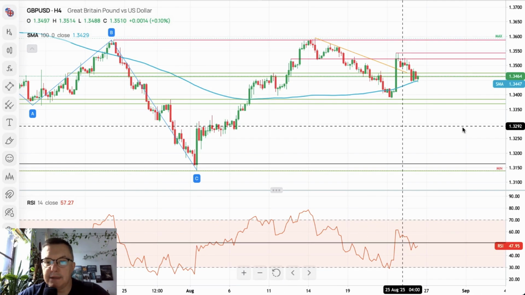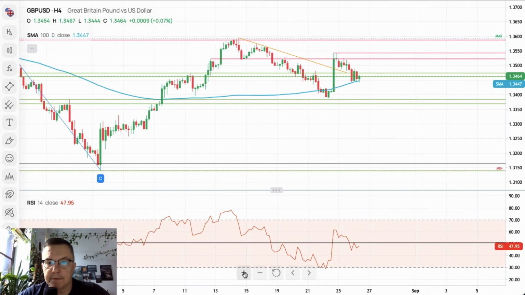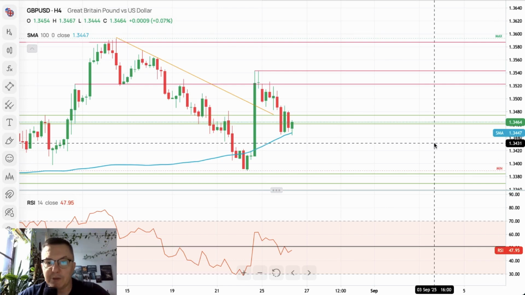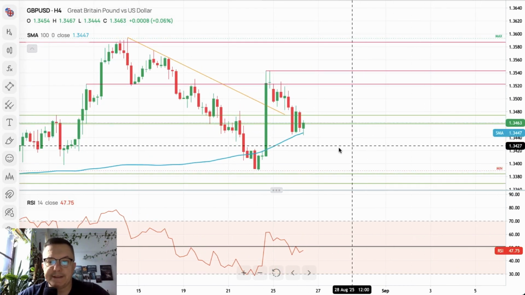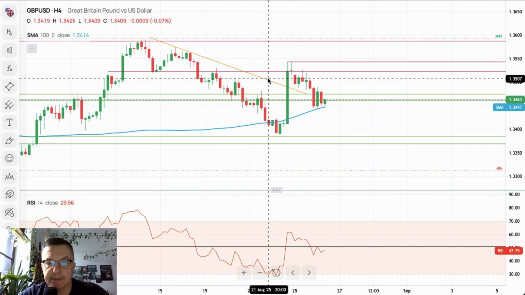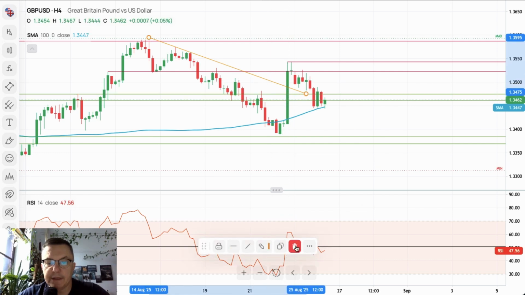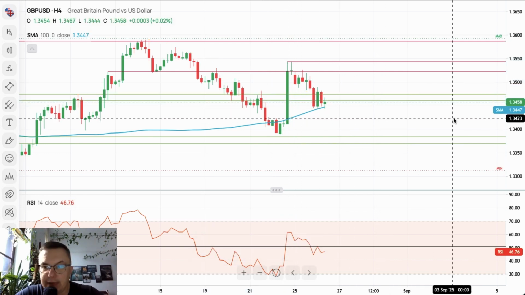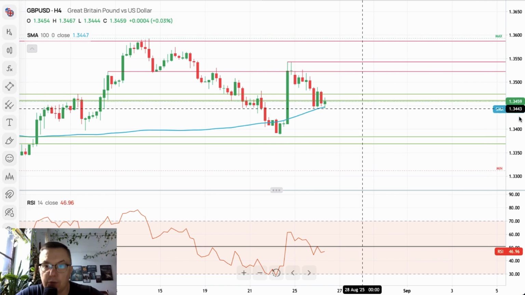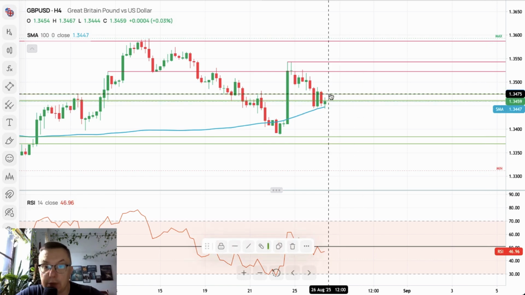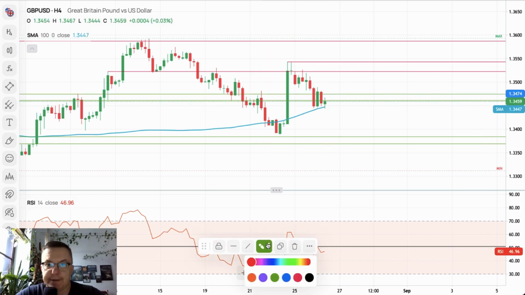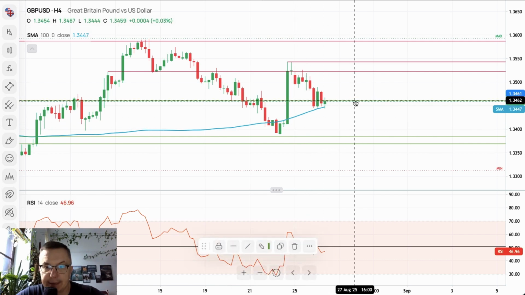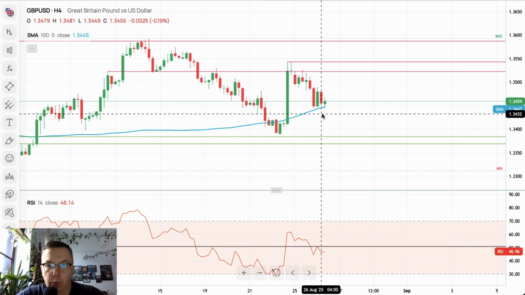British pound, the situation is almost the same. This situation here has been very interesting. Currently, the market has been seen testing the 100 periods moving average at 1.3447. We broke below this technical resistance as well. It doesn't actually look like the market respects this situation here whatsoever.